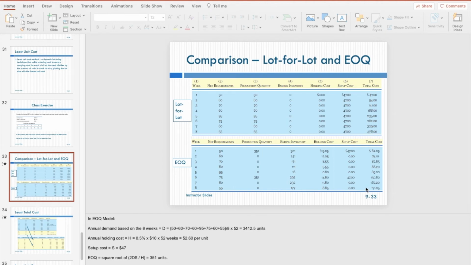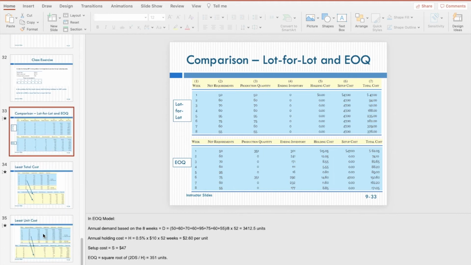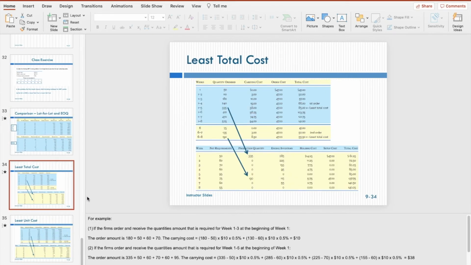But for EOQ, what is the total cost? It's 171.05. So this amount is much lower than that amount. That's why here we should pick EOQ if we only consider these two methods. EOQ is better. Now let's move to the next two specific techniques and see whether EOQ is the best among all the four, or whether we can have some other better way.